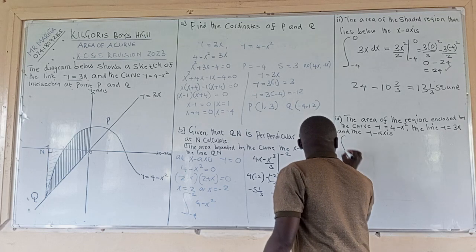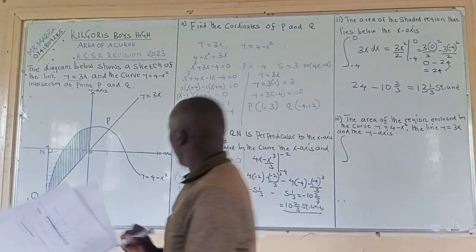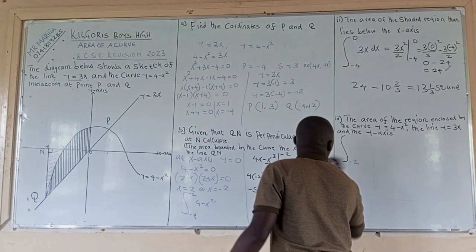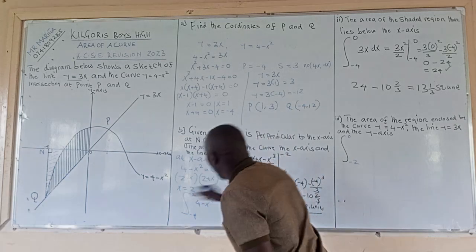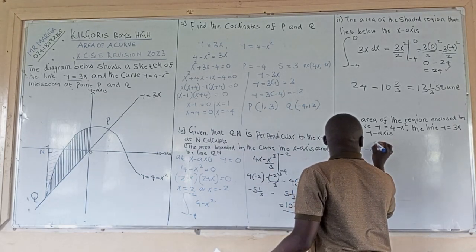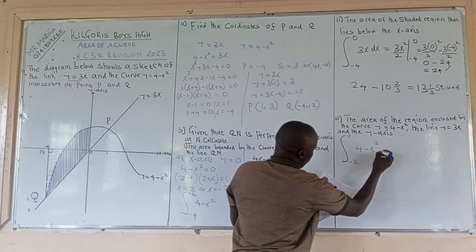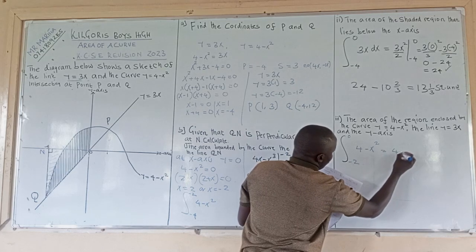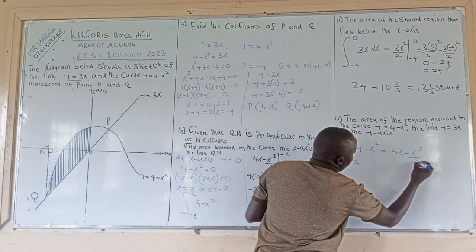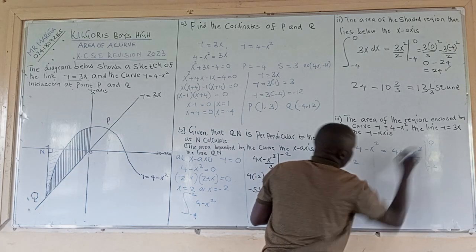So we integrate this from negative 2 to 0. The equation of our curve is 4 minus x squared. If we integrate that, it is 4x minus x cubed all over 3, from negative 2 to 0.